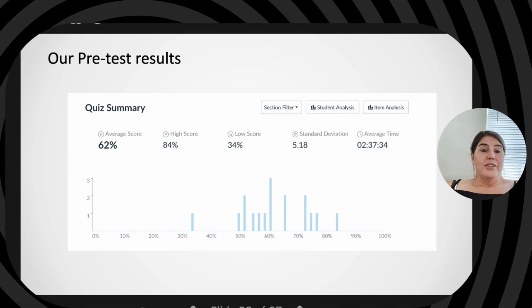I'm not going to dive super deep into this. Instead, I'm going to let you look at it and form some questions. But this is from our pretest that we gave. 18 out of 19 of you took it. And so, seeing it, I can already see a little bell curve.